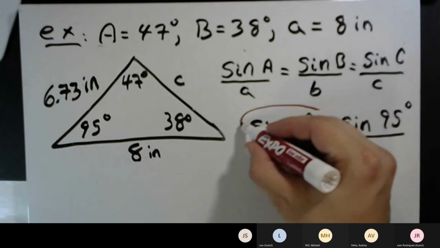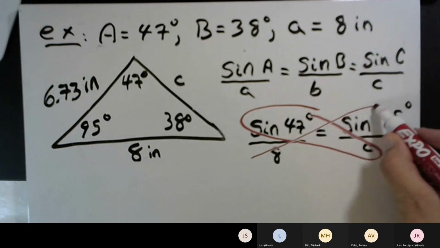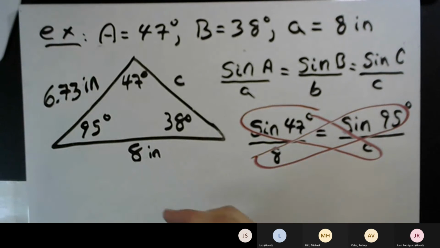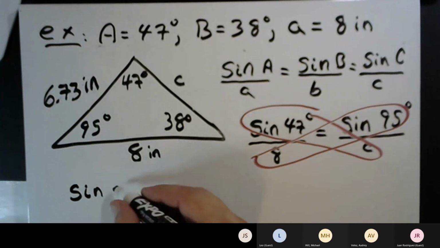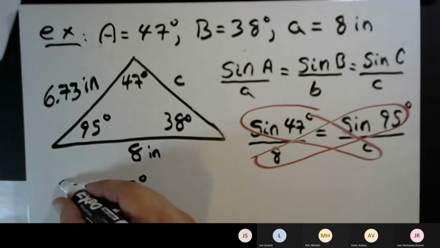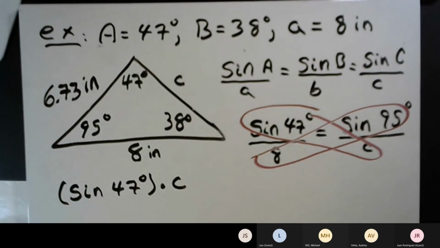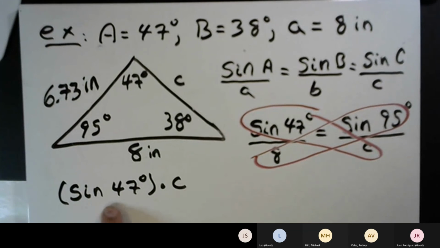So we cross multiply. And so what we're going to get is sine 47 degrees times c. I put this in parentheses so I don't confuse 47 times c with sine 47 times c.